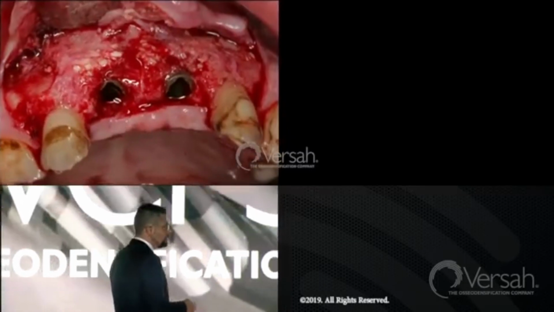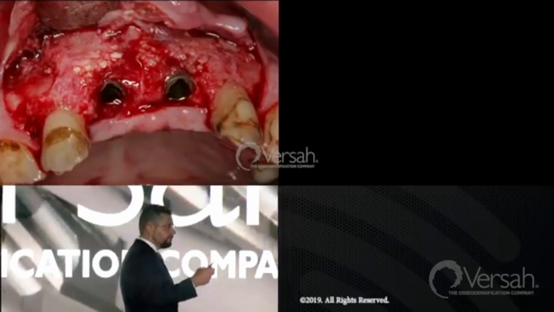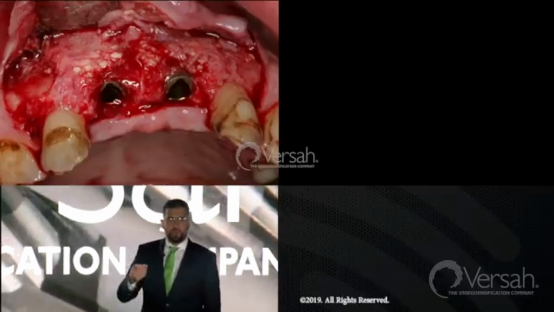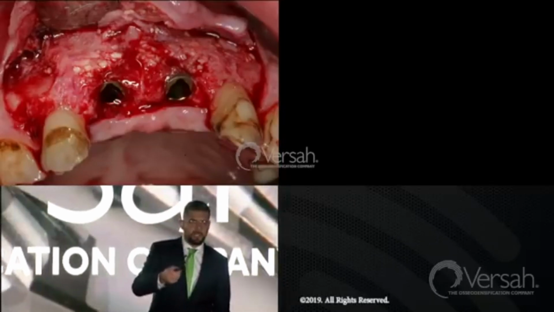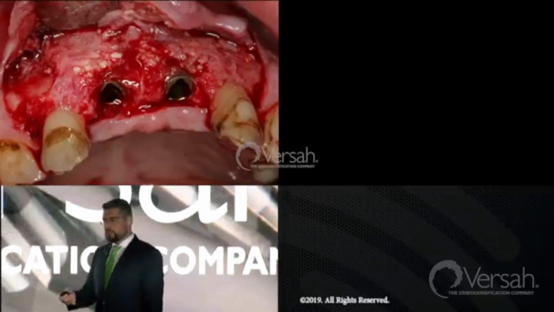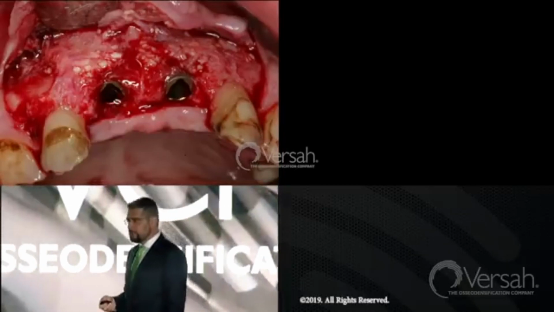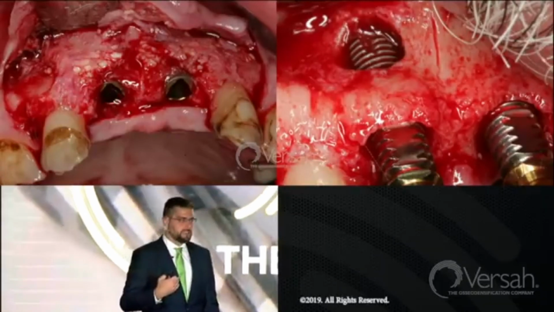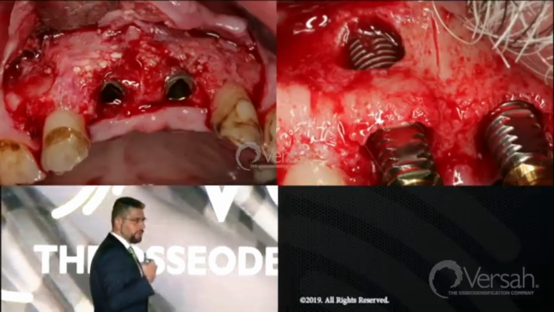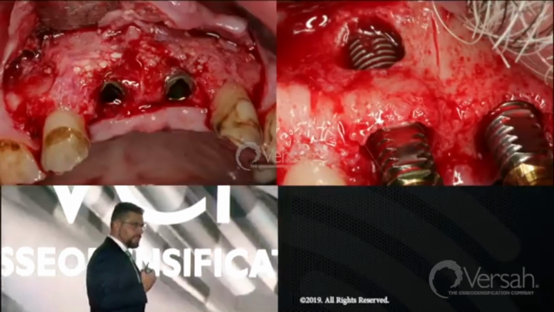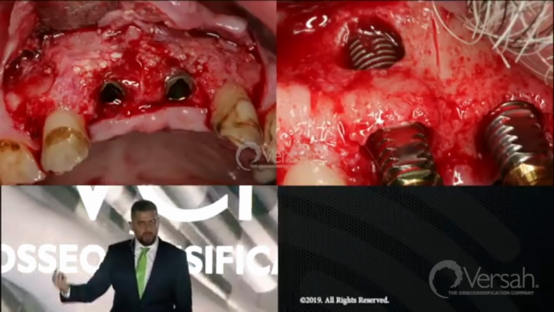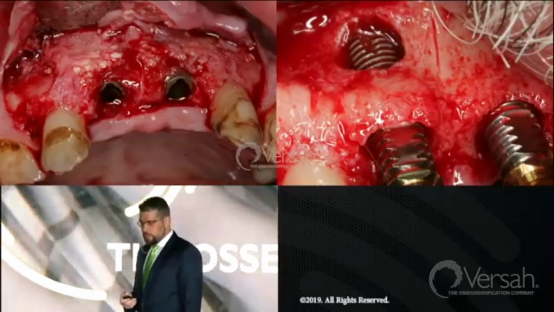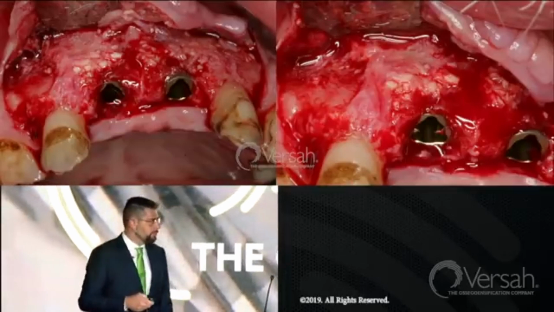Does it make sense to use xenograft for correction of ridge defects? 20 years ago, it made sense because we did not know better. In 2019, does it make sense for you to offer this type of interface for that implant with the oral cavity? It's not because we did things wrong or made mistakes in the past that we should continue to do them. Let's think different. Let's try to think better.